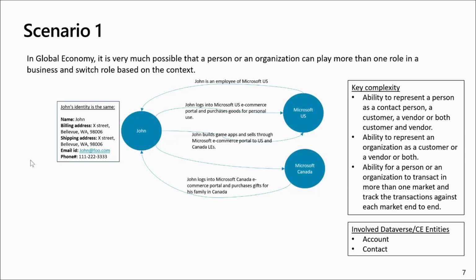A similar situation can arise. For example, John builds games and sells through the e-commerce portal of Microsoft. Then he can be a vendor to Microsoft as well, right? So if you look at John as a person, he has some attributes which are not going to change, for example, the name of a person or an organization, and some contact information like email, phone, etc. They don't change quite often.